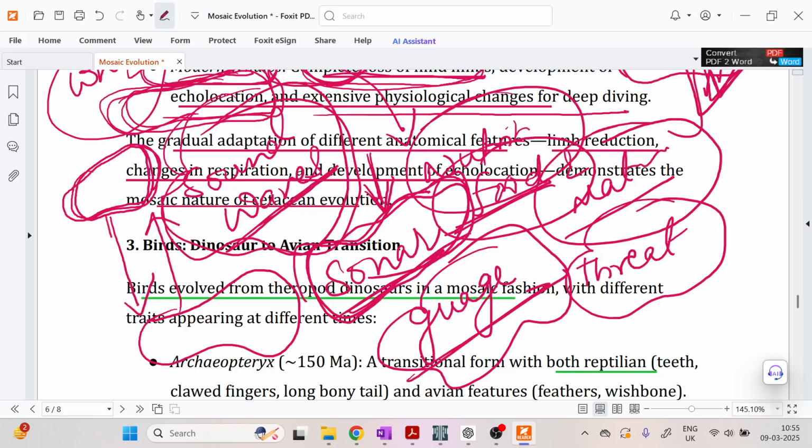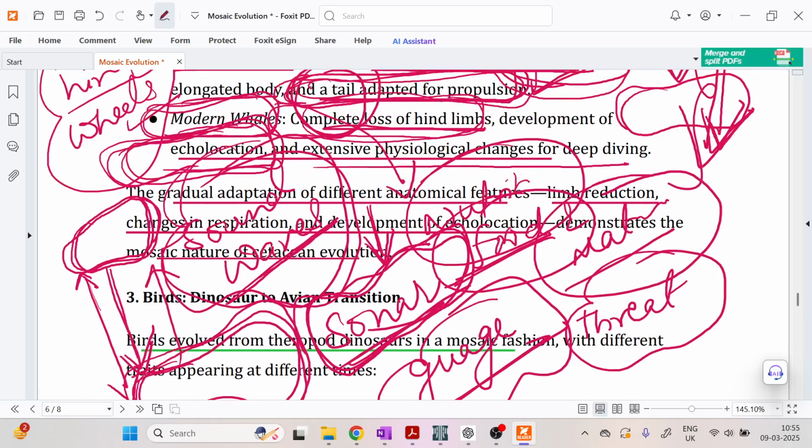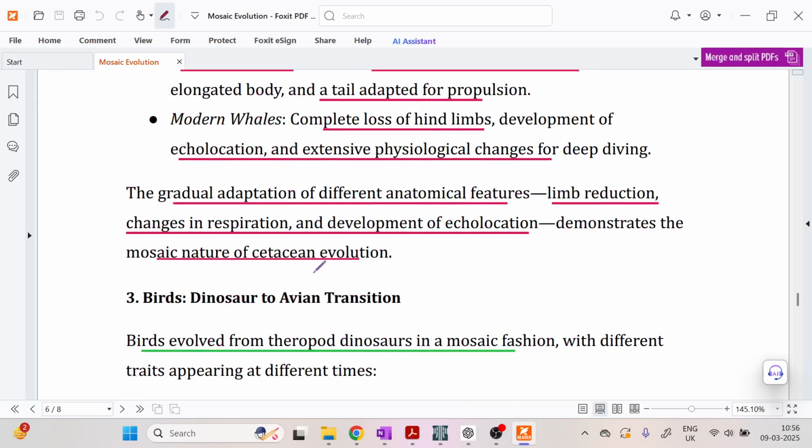So what happens is they send the waves, and when these sound waves strike a surface, they come back, and from the distance you can find out where that particular entity is. And modern whales also employ these sound waves, and how they do it, I have explained here.